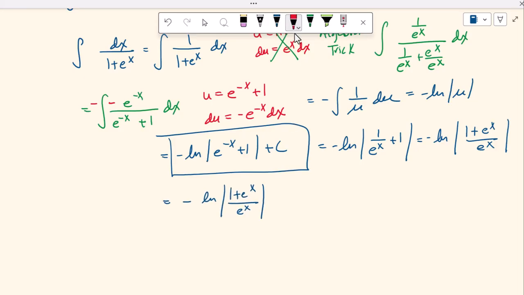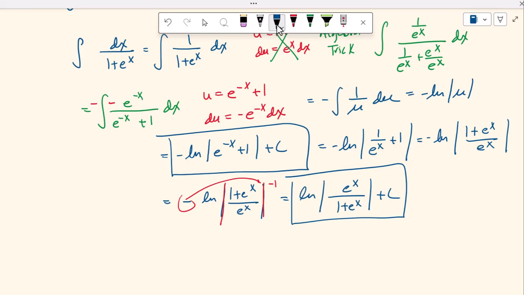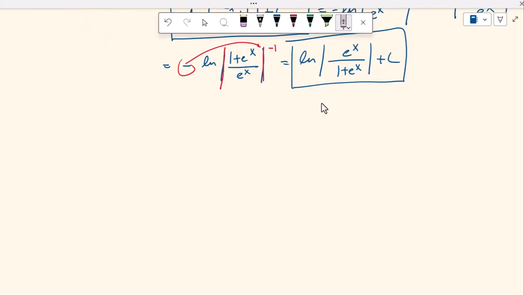This negative that's out front, I can pop it up top, and that becomes a negative 1. Now remember, it's to all of this. And the effect of the negative exponent is to flip everything around. So this is going to be e to the x over 1 plus e to the x, plus c. So there's another solution. If we were to graph this, they'd be exactly the same. They're only off by a rewrite. So kind of an algebraic simplification.